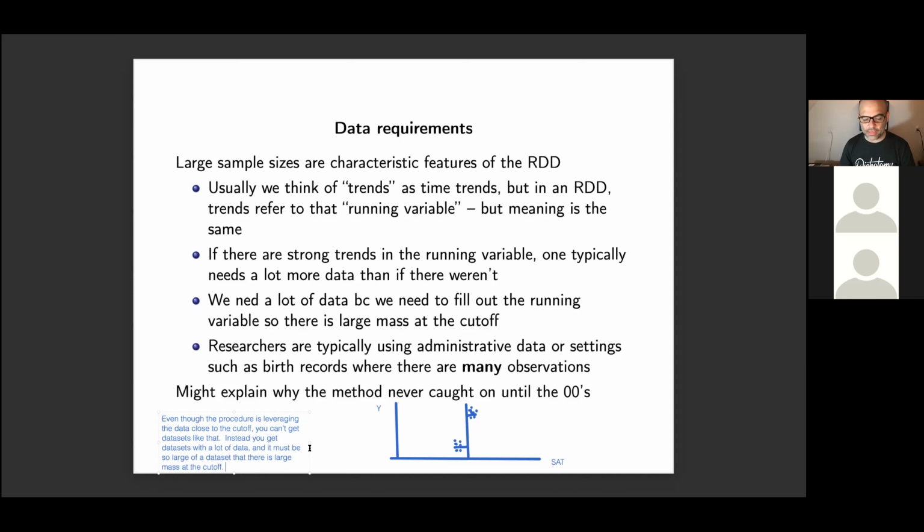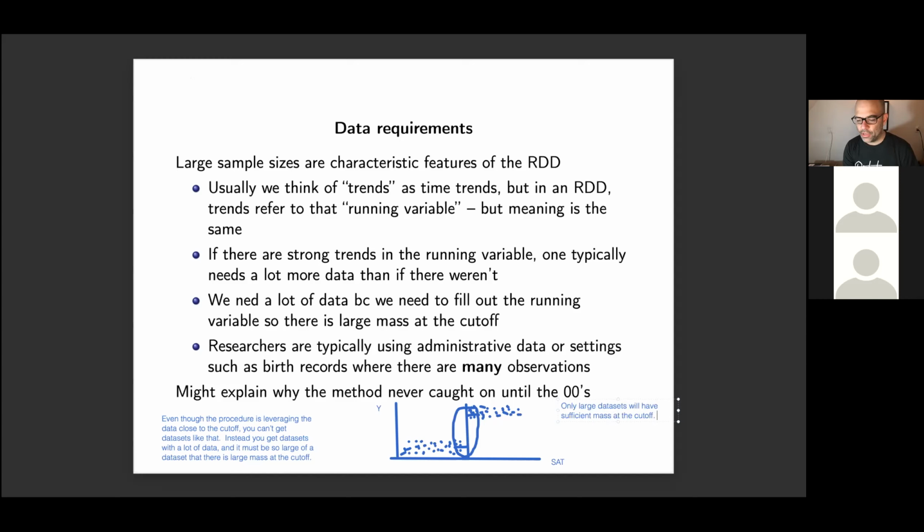So what that means is you're going to need a data set that's so big, so big everywhere, that it guarantees you have enough data at the cutoff. Only large data sets will have sufficient mass at the cutoff.